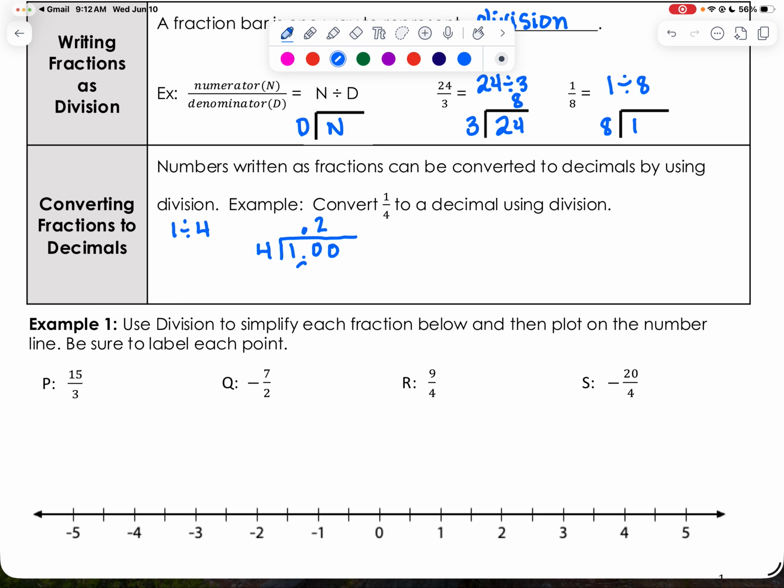Then 2 times 4 is 8. 10 minus 8 is 2. Bring down this 0. And then 4 will go into 20 5 times. So 1/4 is equivalent to the decimal 0.25. And that's how we can use long division to convert a fraction to a decimal.